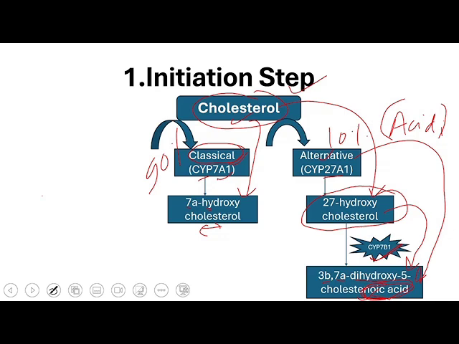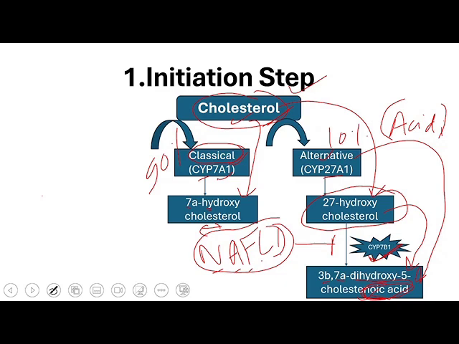And next, what we need to know is that if there is any problem like non-alcoholic fatty liver disease, then there will be inhibition of this enzyme. In non-alcoholic fatty liver disease, the inhibition of these enzymes leads to accumulation of cholesterol in the liver.